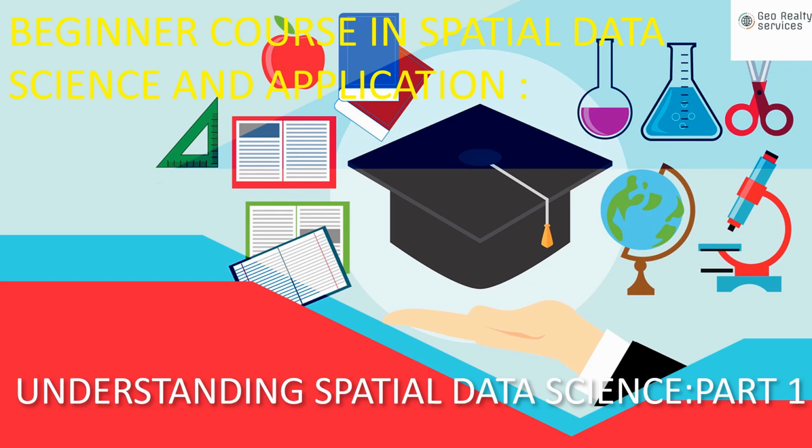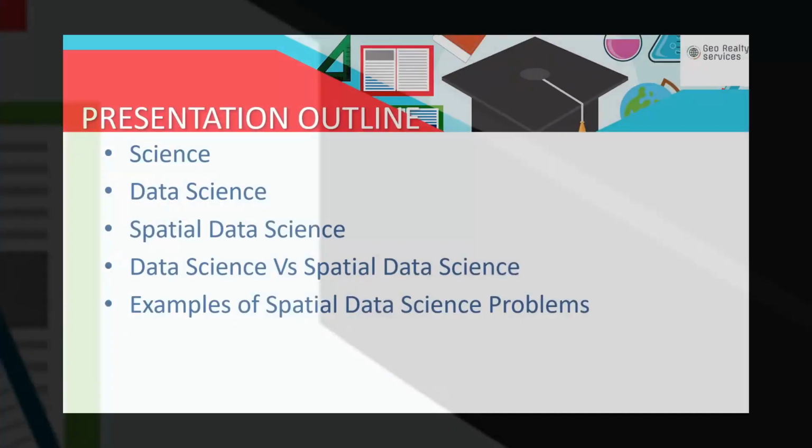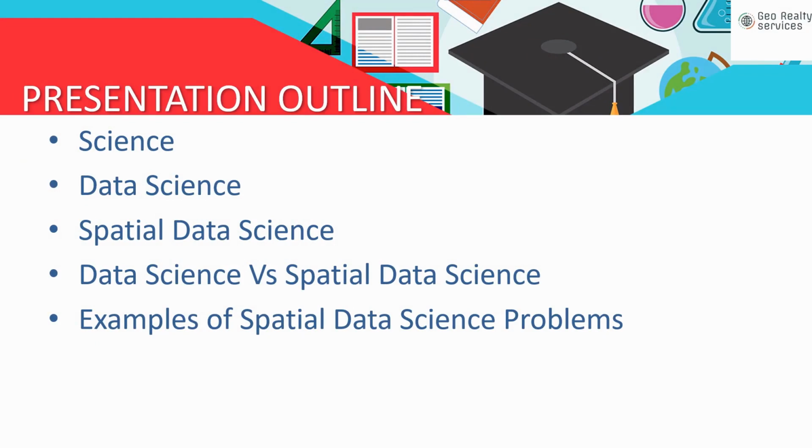In Part 1 of this video, we will concentrate on understanding geospatial data science. To give you the concept of geospatial science, we will first of all look at related disciplines such as natural sciences, data science, and then discuss the definition of geospatial science and its unique aspects.